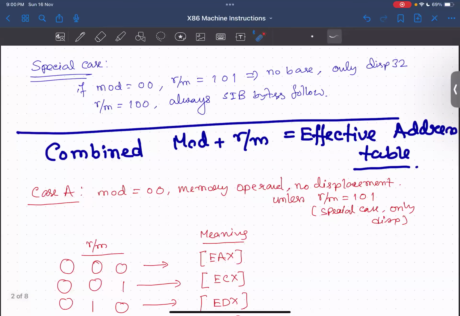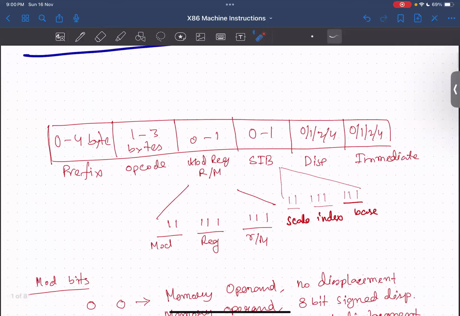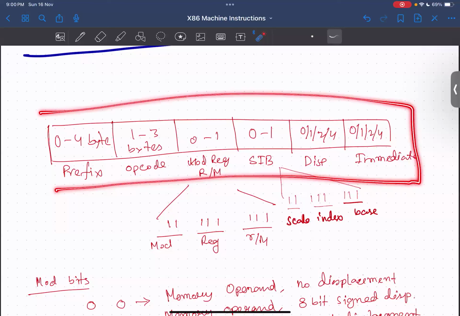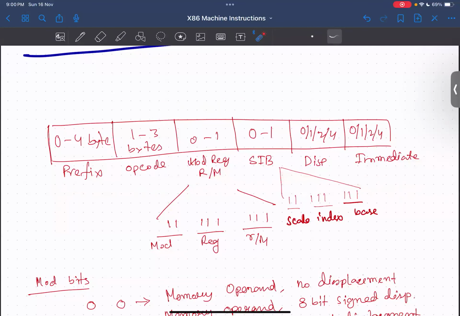Okay, now let's recap what we have seen. This is a machine instruction, an x86 machine instruction. We know this is optional, we know this is required, and we looked through different combinations of these ModR/M bytes. Let's try to gather it up and put together a summary of what the effective addressing looks like.